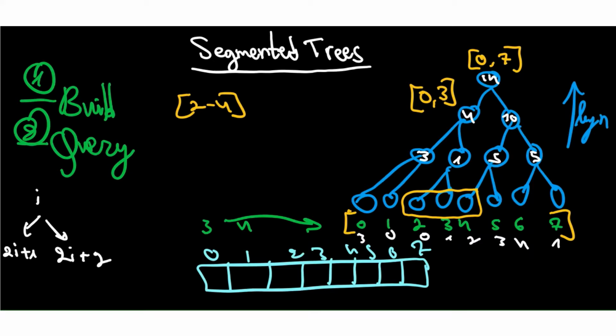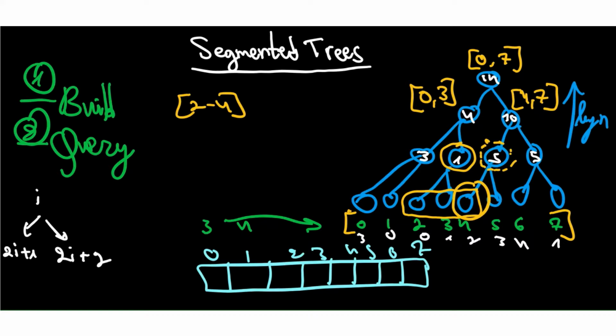You don't need to tell me. And what is going to be the right side? I know this. So when you do the recursion, you can already know this. It's going to be 4 to 7. So what did you ask me? 2 to 4. It's actually going to be fully included here and partially included here. So we need to go to the actual child, to here.